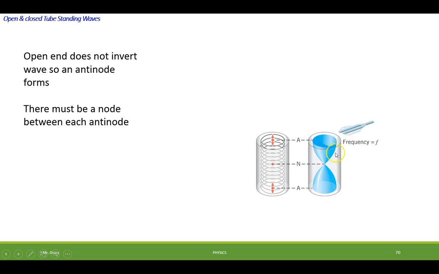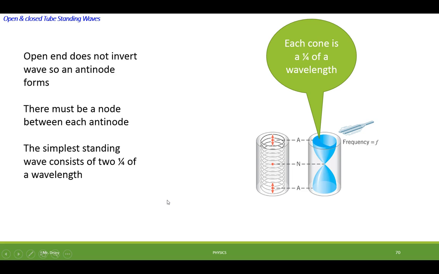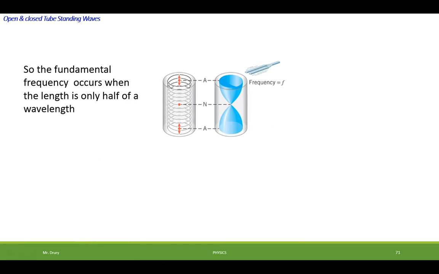But as we stated before, between every node there has to be an antinode, and between every antinode there has to be a node. So each of these cone shapes is a quarter of a wavelength. The simplest standing wave shape is 2/4 of a wavelength, which is half a wavelength. So the fundamental frequency occurs when this length, from here to here, is half of a wavelength. So we come up with the same equation we had before.